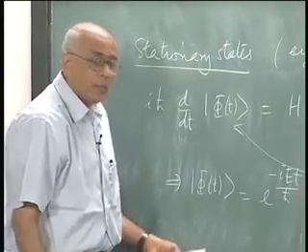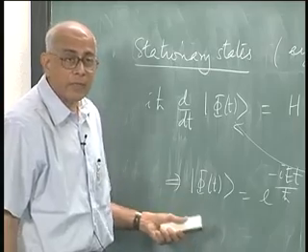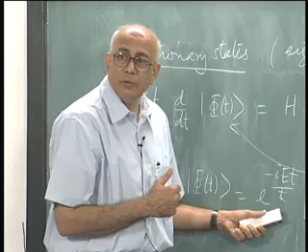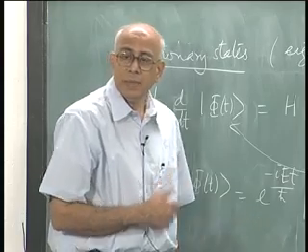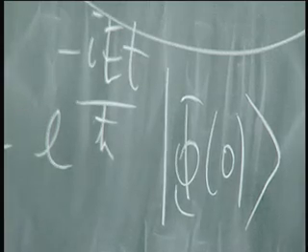Moreover, the time dependence of the state vector is just the initial state multiplied by a phase factor, a factor with modulus equal to 1, whereas that is not true in general. It is certainly true when you have an eigenstate of the Hamiltonian that the time dependence of the state is utterly trivial.